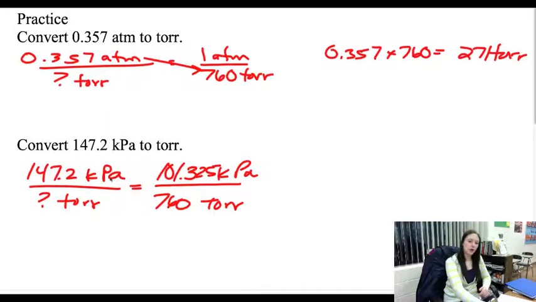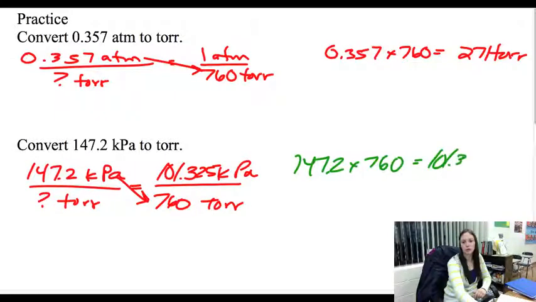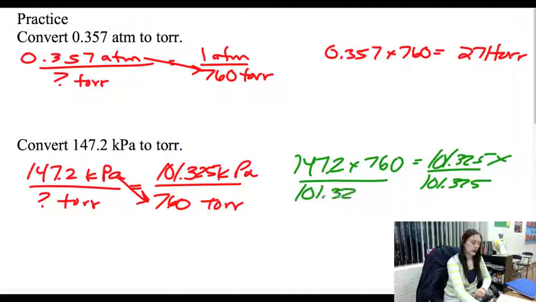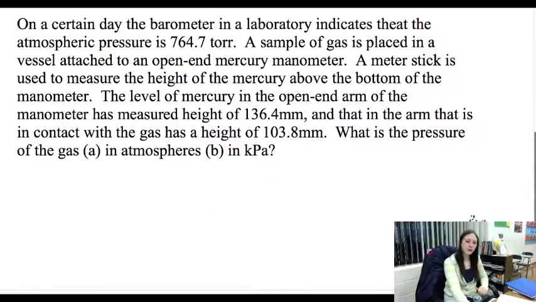So we're cross multiplying and dividing. 147.2 times 760 is going to be equal to 101.325 times x. So you end up dividing by the 101.325, and we should get 1,104 torr.